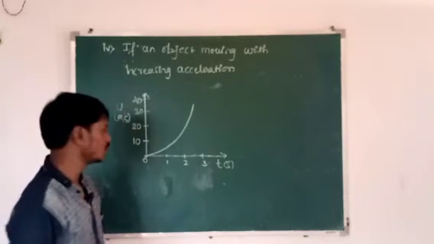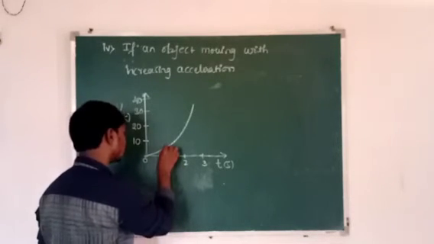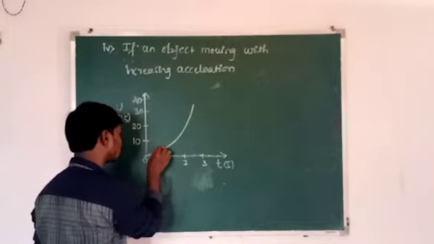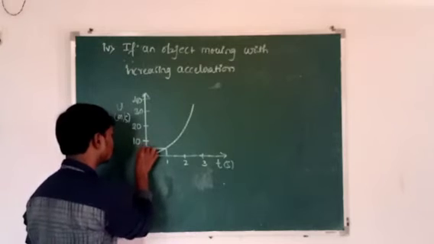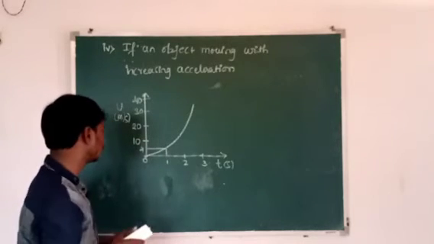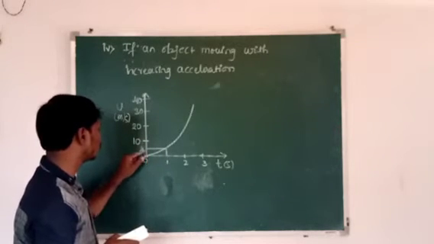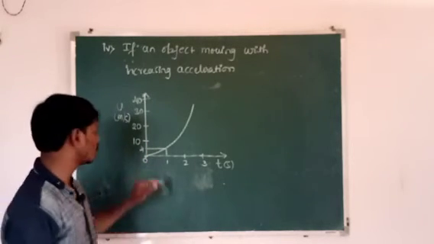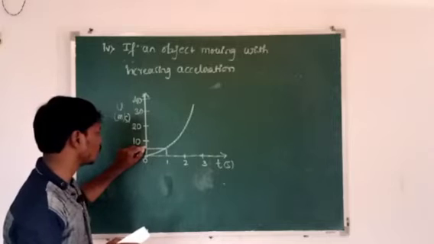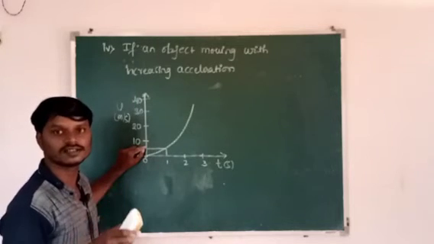That is 0. Then at 1 second, what is the velocity of the object? Suppose I will take it as 4 meter per second, because this point lies in between 0 and 10, and it is not exactly at the middle. If it is exactly at the middle, then it is 5.